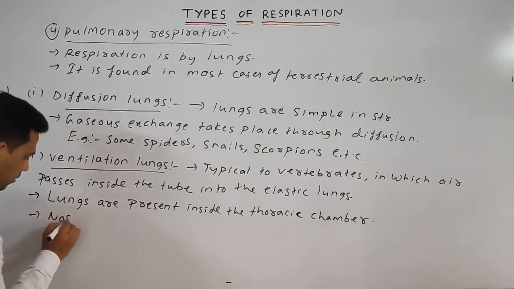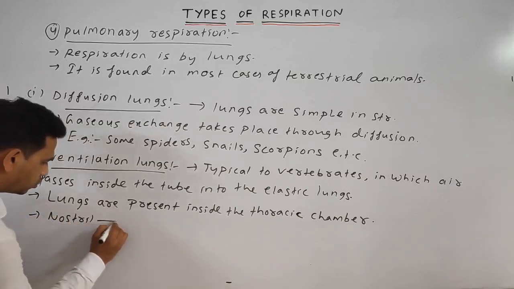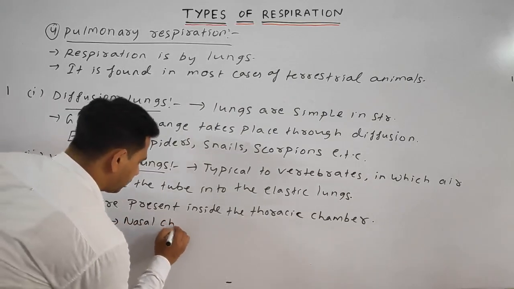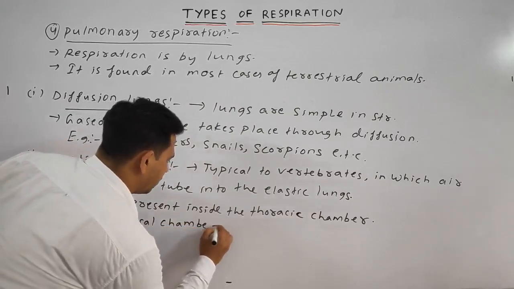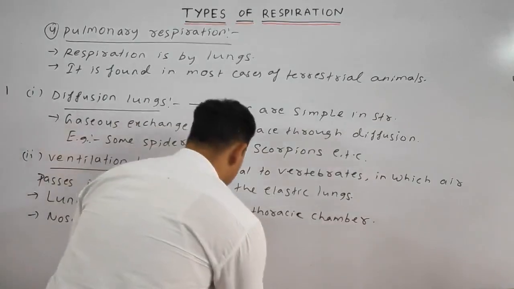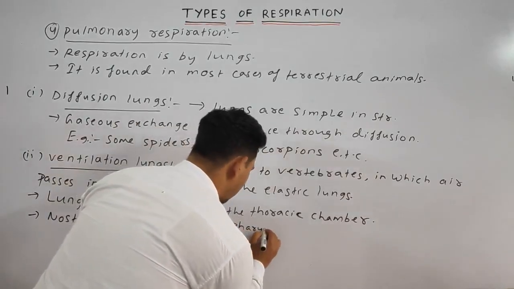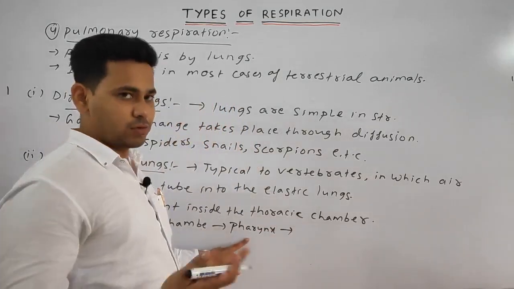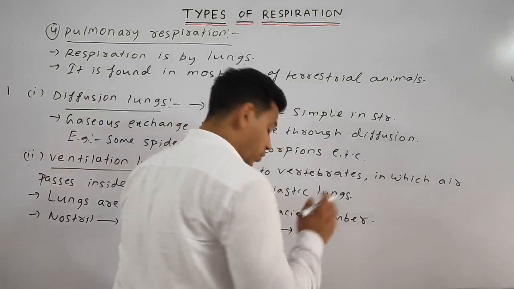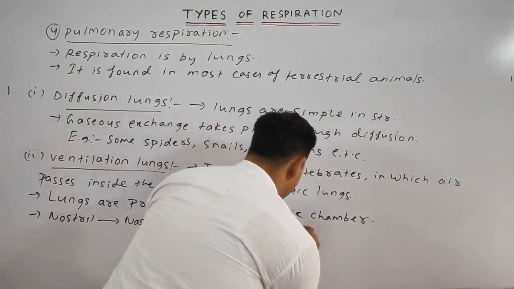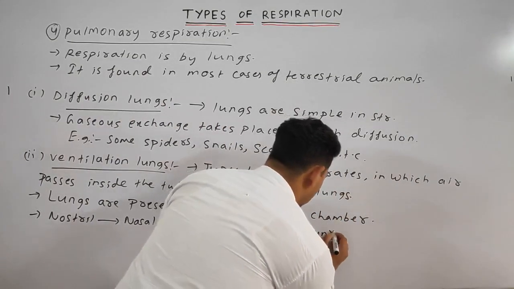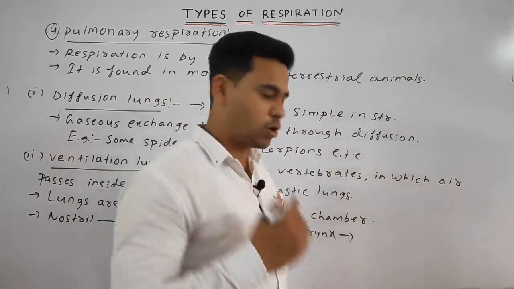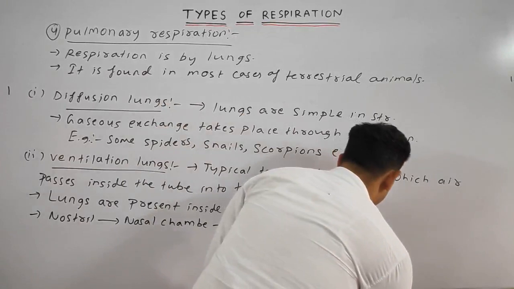First the air passes from the nostril into the nasal chamber. From the nasal chamber it will pass on to the pharynx region, then into the larynx region. Pharynx is the common passage for the food and the air. From the larynx it will go to the tube-like structure called the trachea or windpipe.